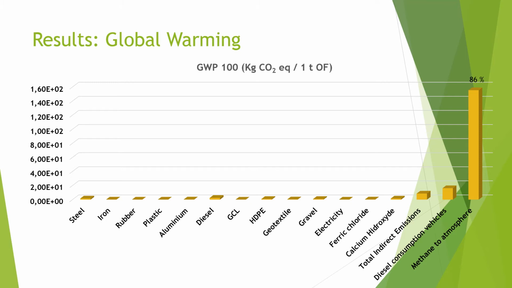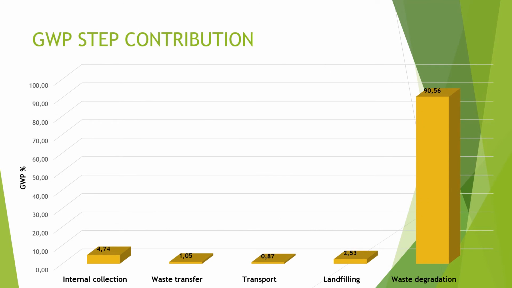This is linked to the process of waste degradation, and to have the confirmation, we can analyze the contribution of each step inside this category in the next slide. As expected, 19% of greenhouse gases emissions are generated during the waste degradation process, confirming the role of methane.